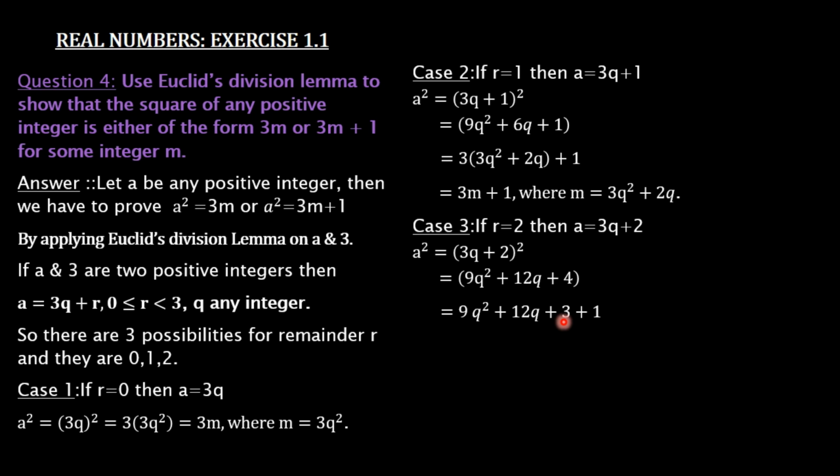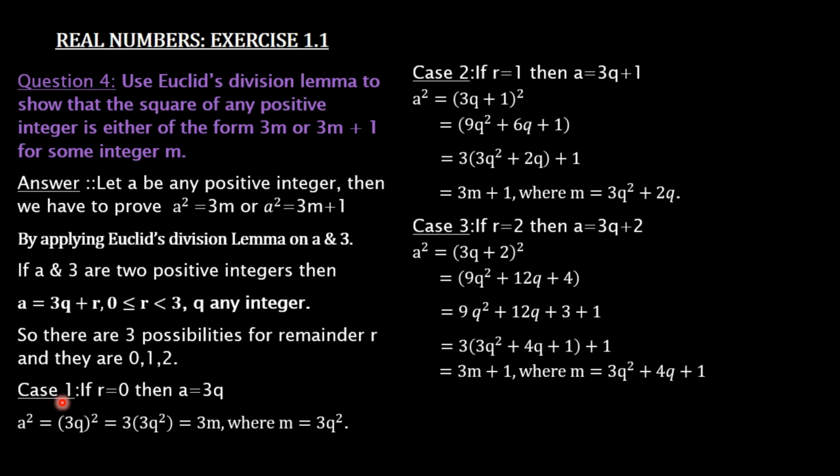So we take 3 outside from this, which gives 3 into (3q square plus 4q plus 1) plus 1. Since m can be any integer, we can choose this as our m, that is, 3m plus 1, where m equal to 3q square plus 4q plus 1.